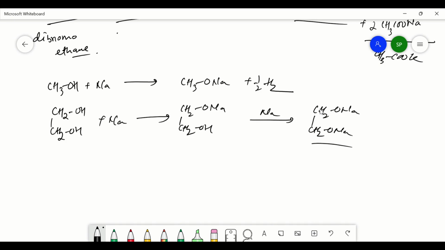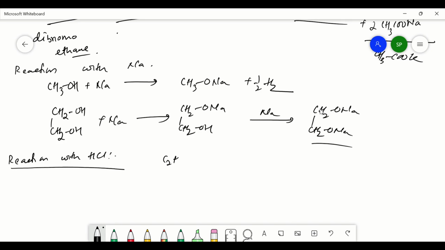So this is the reaction with sodium. If we consider the reaction with HCl, like ethanol, C2H5OH, reacting with HCl, there will be protonation, water will be removed and there will be formation of C2H5Cl, chloroethane.